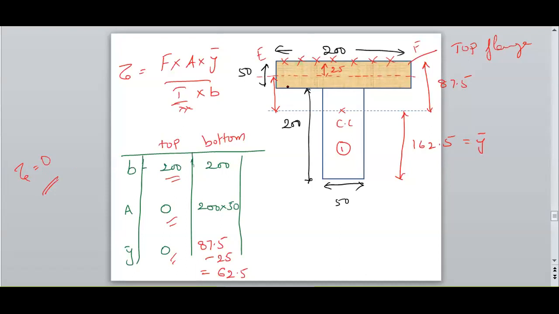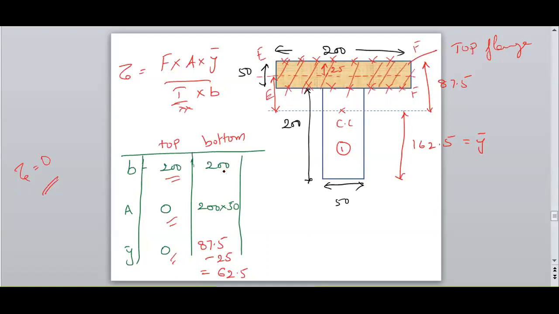Now, I need to consider the layer EF at the bottom of the top flange. This is the total area, the shaded area we need to consider.